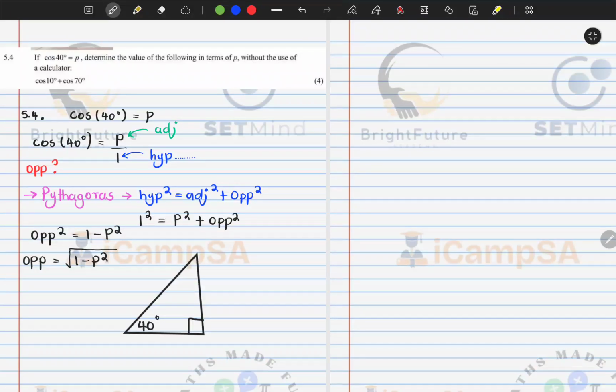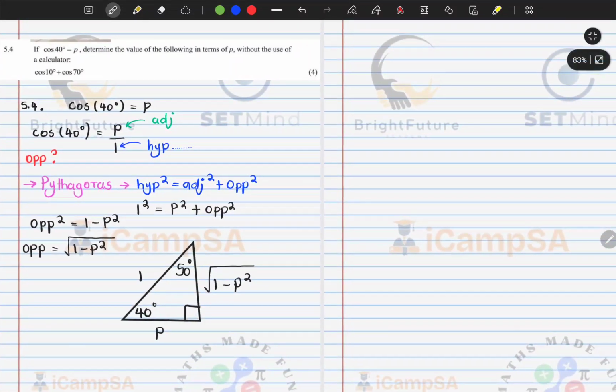The other angle, to make 180, you can just say 180 minus 90, then minus 40, and you will see that you get 50 degrees there. Then let's put these in. Our hypotenuse is 1, our adjacent is P, and our opposite is the square root of 1 minus P squared when we're standing at 40 degrees.